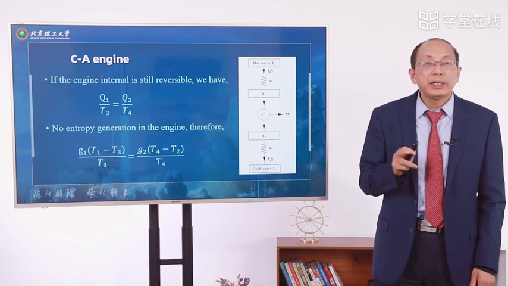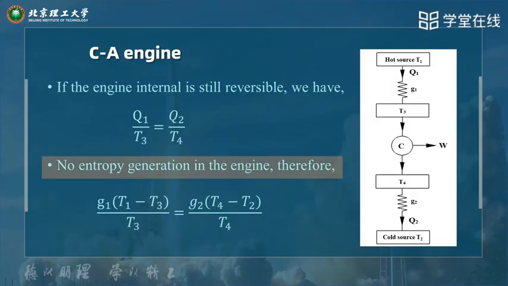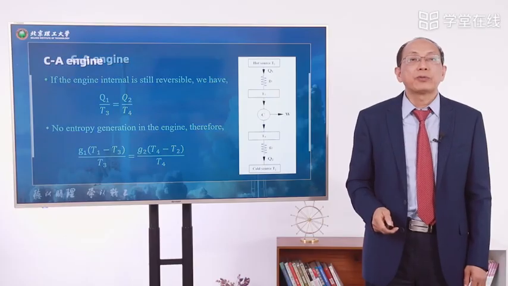Please remember, here it is T3 and T4, not T1 and T2. No entropy generation in the engine because the engine is still reversible. So we obtain G1 times (T1 minus T3) over T3 equals G2 times (T4 minus T2) over T4.